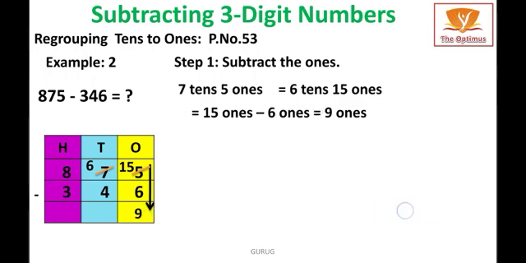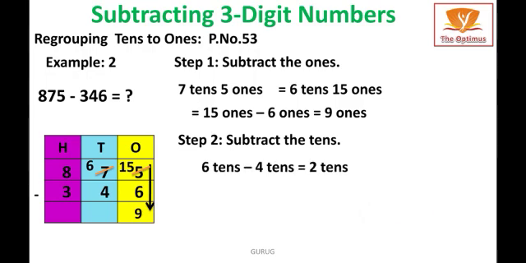Next, step 2, subtract the tens. Now in the tens place I have 6 minus 4 equals 2. That means 6 tens minus 4 tens equals 2 tens. In this 2 tens, 2 I am going to write in the tens place.